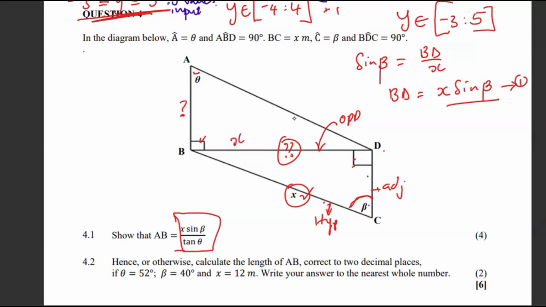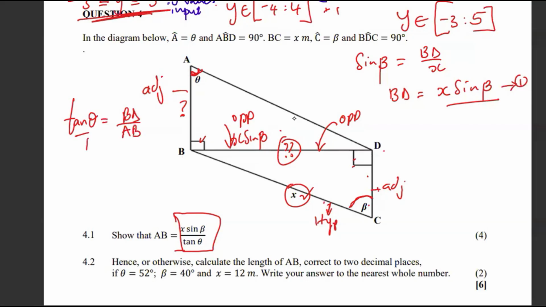Then if this is x sine of beta, then I'm seeing this with reference to theta. This is adjacent. And then this is the opposite. So adjacent and opposite, we use tan. So I can say that the tan of theta is equal to the opposite, which is BD, over AB.